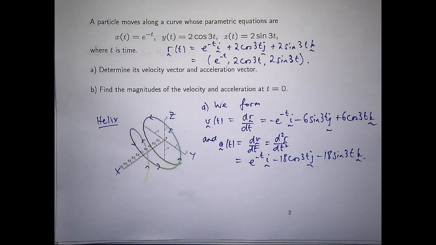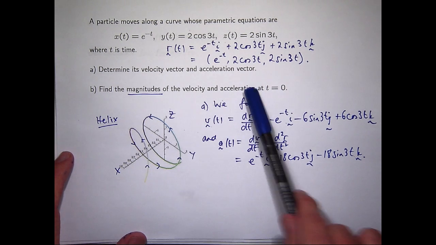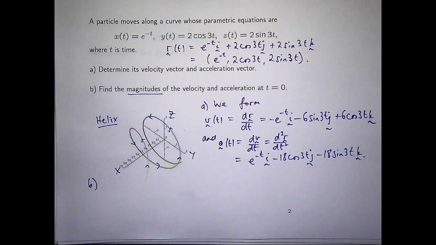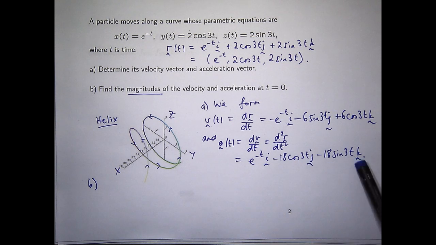Part B asks us to calculate the magnitude or the lengths of these velocity and acceleration vectors at the instant when t equals 0. Now you can do these one of two ways. You can either calculate the magnitude of each vector, the v and the a, and then plug in t equals 0, or you can plug in t equals 0 and then calculate the length. I'm going to do one way and then the other.